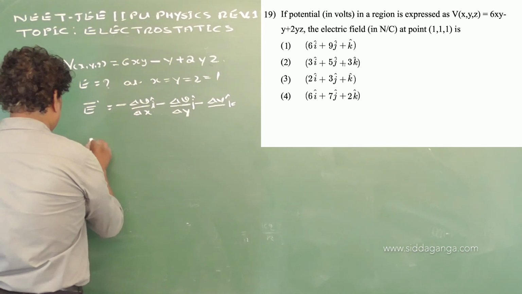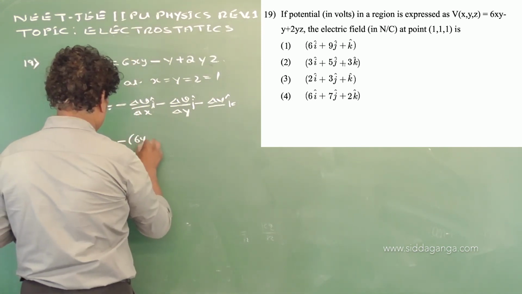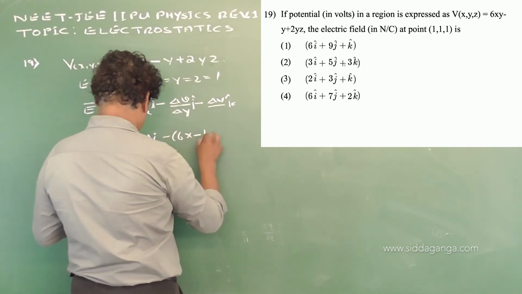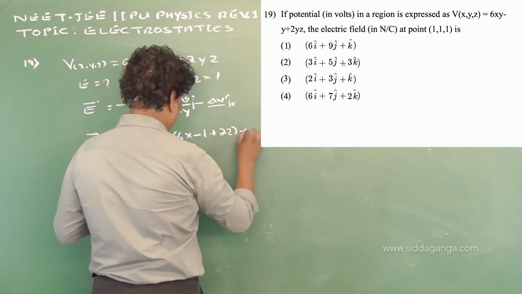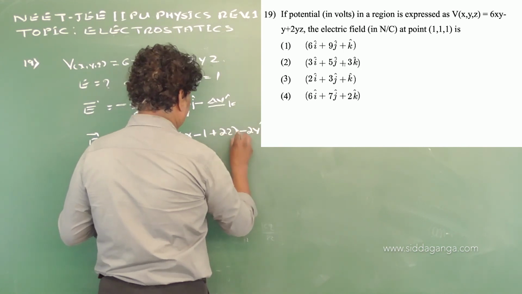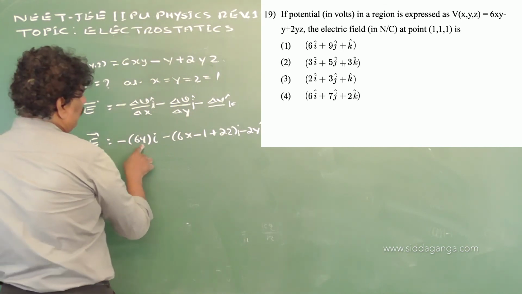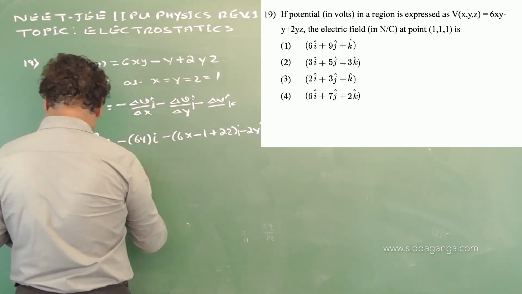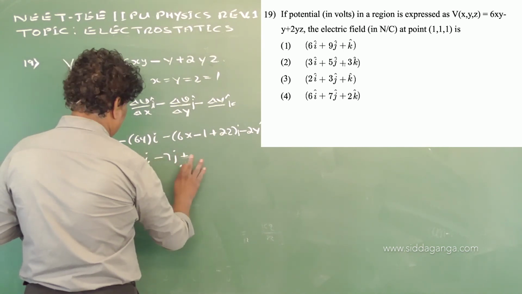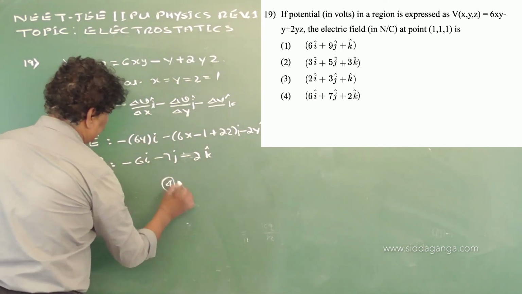Therefore, differentiating, E is equal to minus 6y i, minus 6x minus 1 plus 2z j, minus 2y k cap. At x equal to y equal to z equal to 1, this is minus 6 i minus 7 j minus 2 k cap. So the given option is 4.